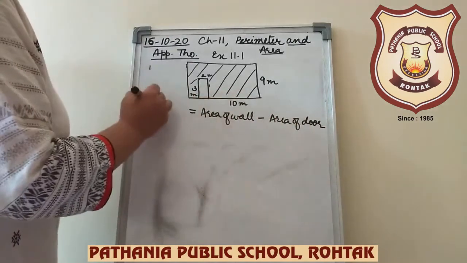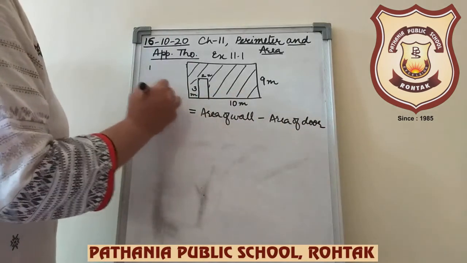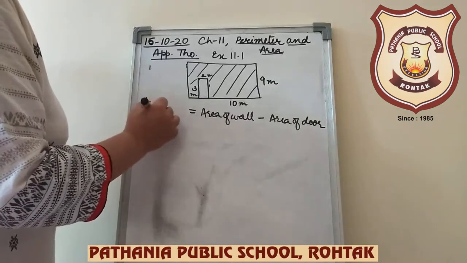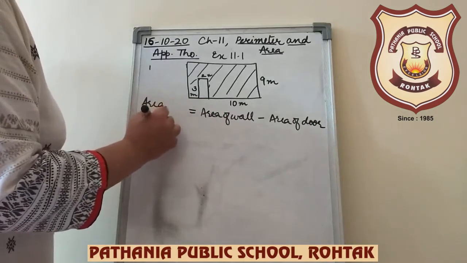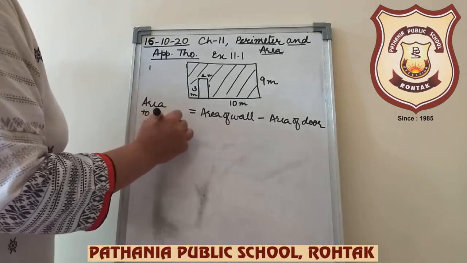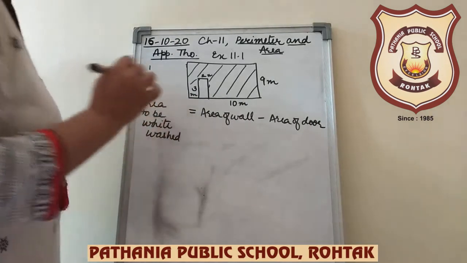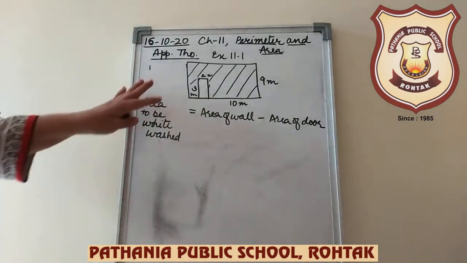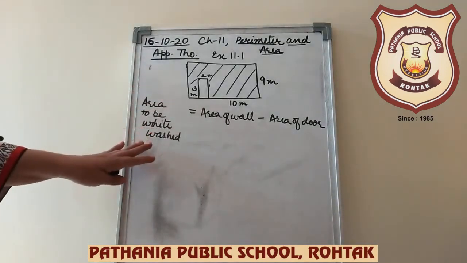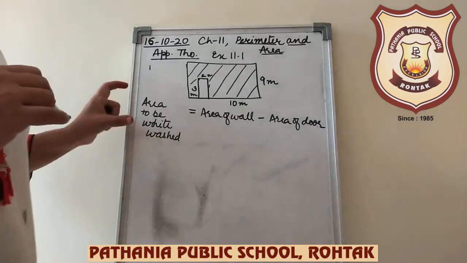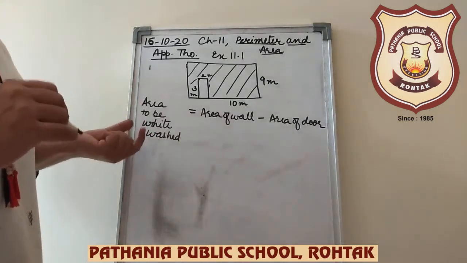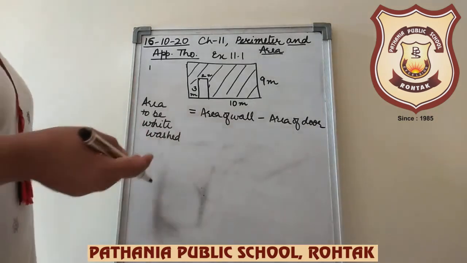This will give you the area to be whitewashed, and if the cost is given, multiply it with the cost, it will give you the cost of painting the wall.